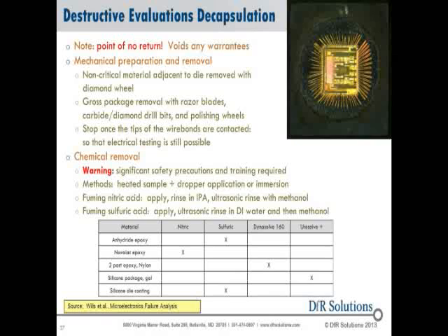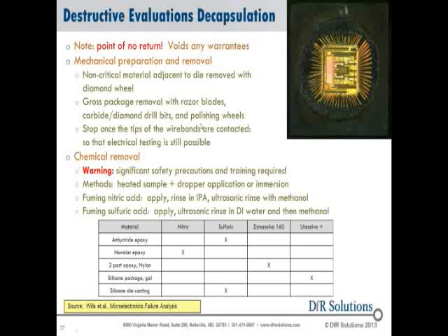When you do this, the device still works. You can power it up, and you can use microprobes to read voltages or currents. Later on, you might want to do things like pull testing on the wire bonds to see if they had the proper bond strength, things of that nature.